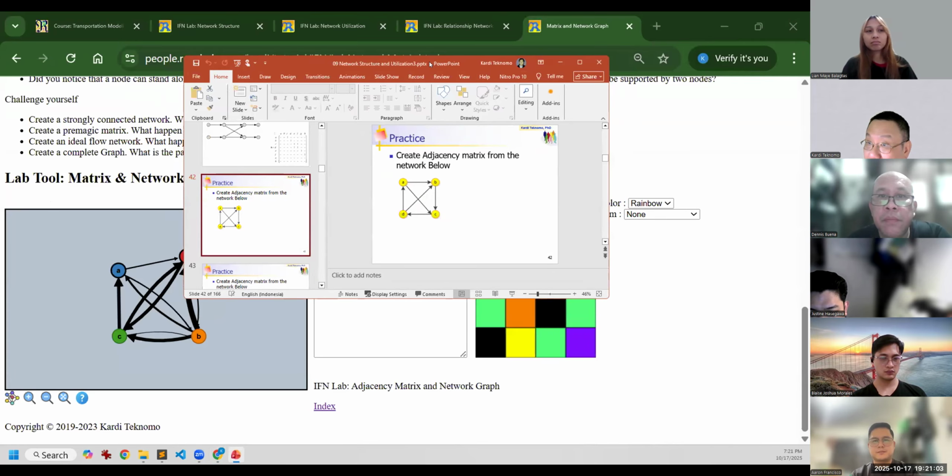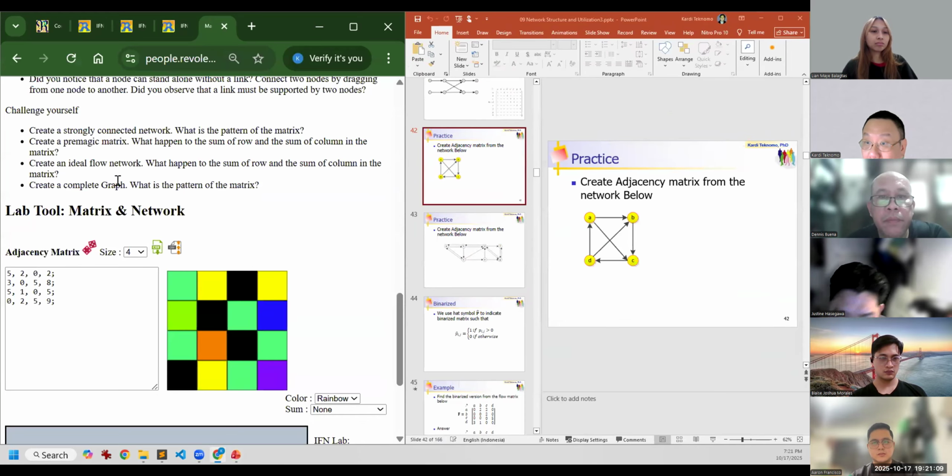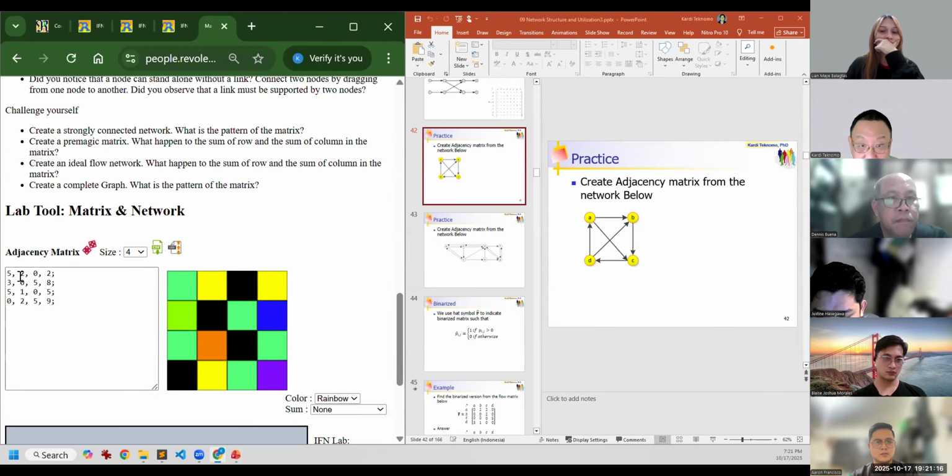So how are we going to draw this? You have from A to B. The diagonal is 0.